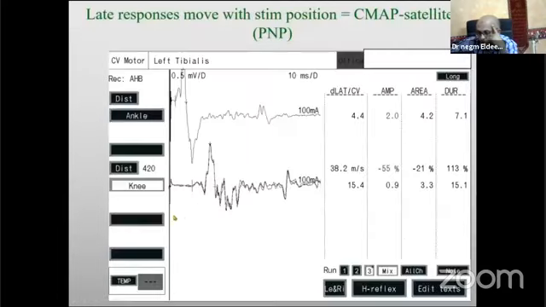Well, by moving the stimulator from here, which is at the ankle, with a lot of late components here, to the knee, we see that the whole thing has changed together, the CMAP and all these other late components. So these are not A waves, but these are CMAP satellites.